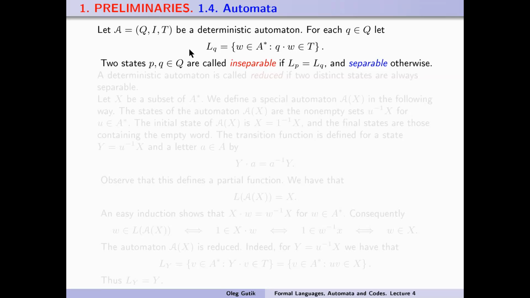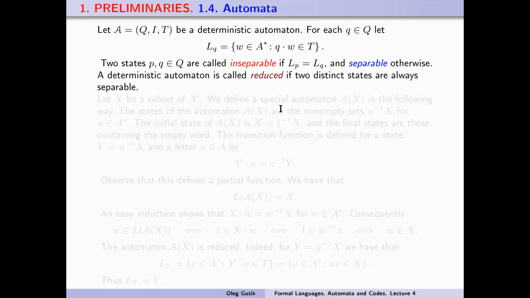Two states P and Q we call inseparable if L of P is equal to L of Q, and separable if L of P is not equal to L of Q. And a deterministic automaton is called reduced if two distinct states are always separable.